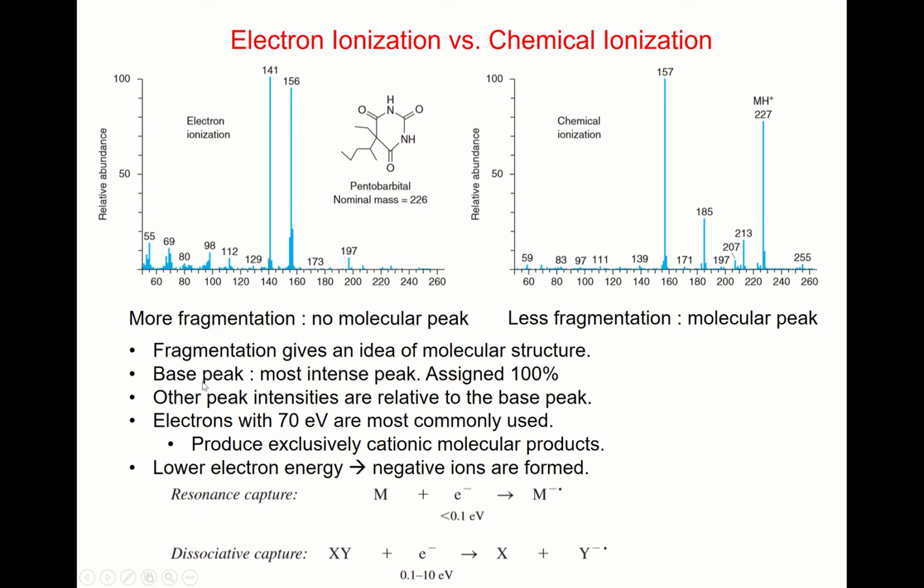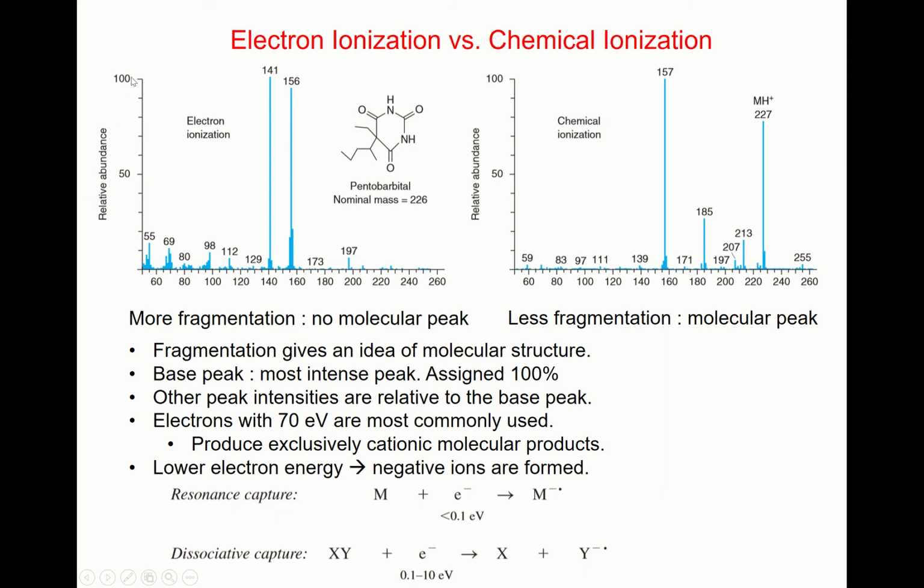And the base peak. What is the base peak? The base peak is the most intense peak. Here in this case, mass number 141 is the base peak, and in this case it is mass number 157. The base peak is assigned 100%.